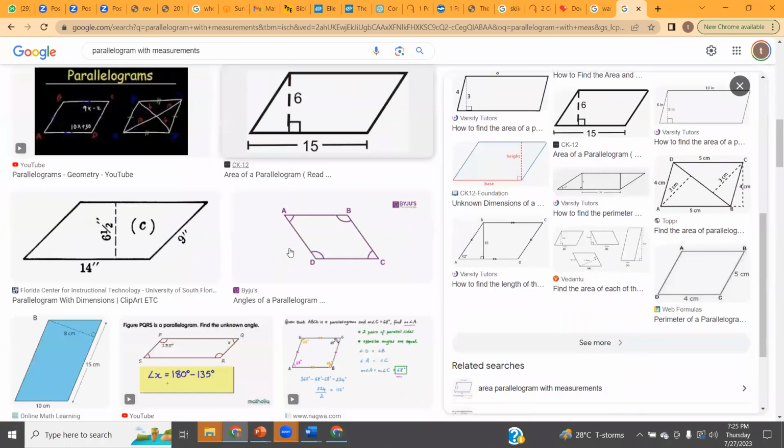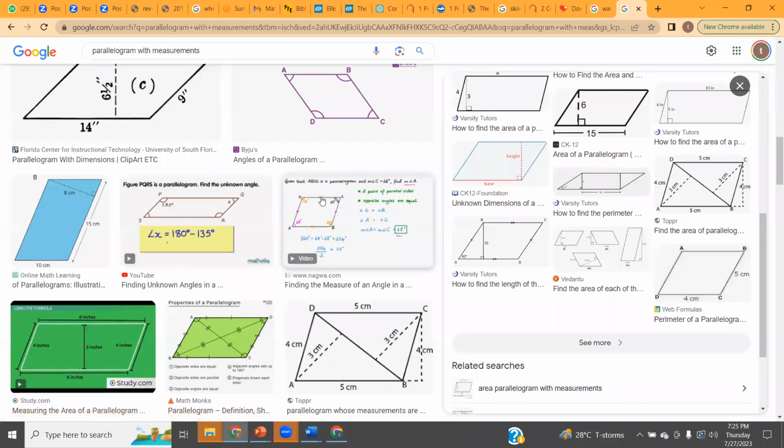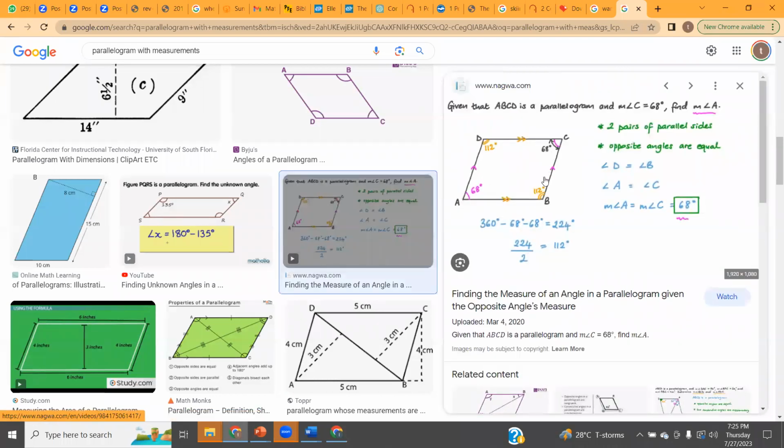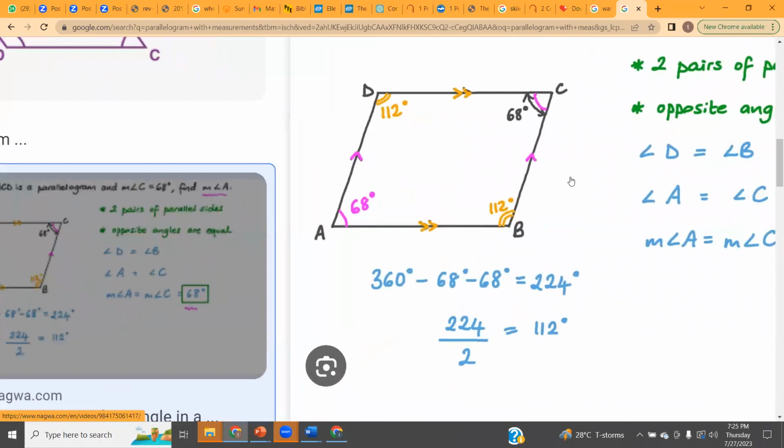I want to find one with the actual angles, you know. All right, this is perfect. So look at this. Can someone add 112 and 68 for me, please? When you add 112 and 68, what do we get?